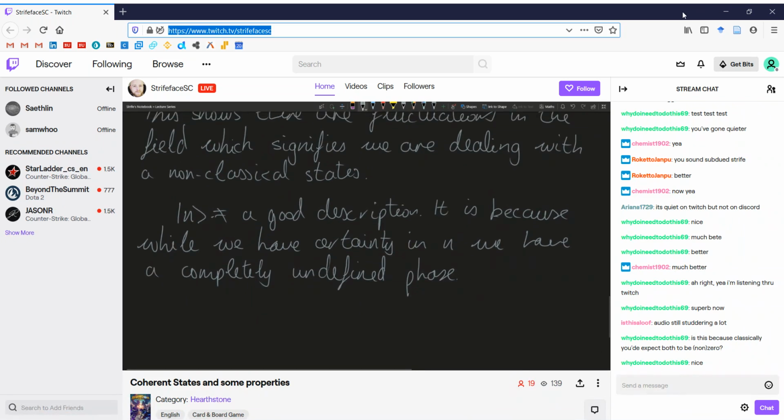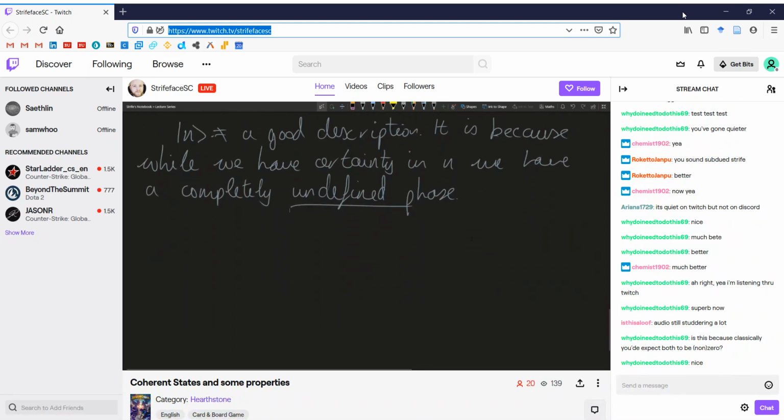So the key thing to note, and thank you for asking, is that while we have certainty in the number, we give up having information about the phase, and that is one of the main reasons why they're not good for our descriptions. Quick aside, if you're actually interested in this, you will notice that the number and phase are conjugate variables, exactly like position and momentum.